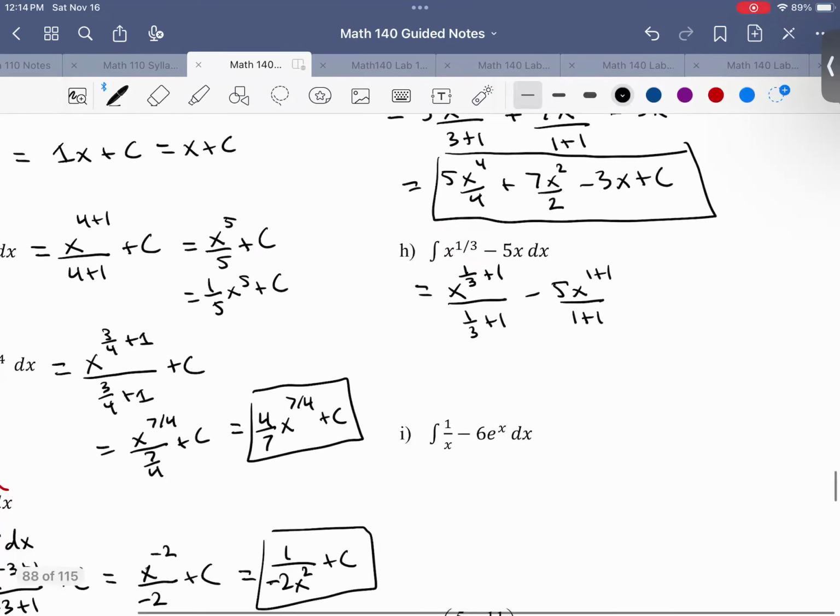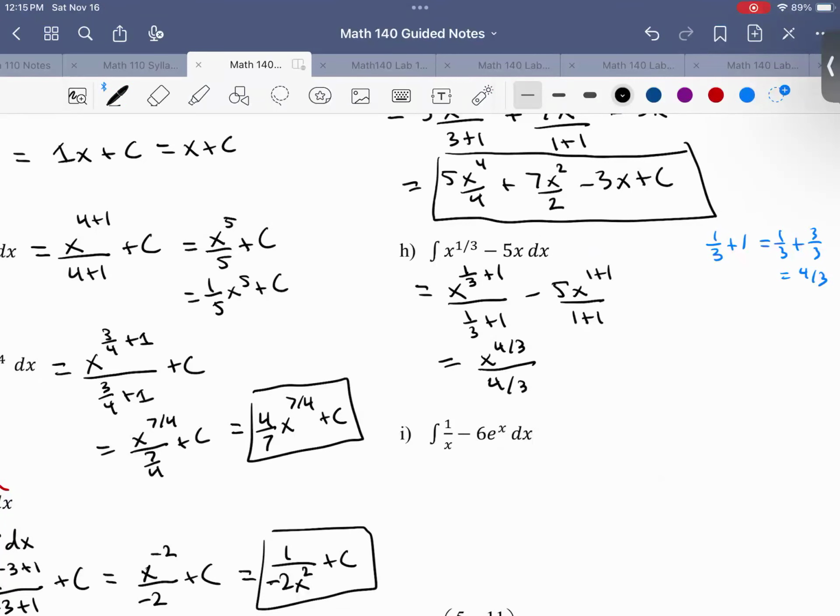And so if we simplify this, doing your fractions, 1/3 plus 1, that's just 1/3 plus 3 over 3. So that's 4/3. So this becomes x to the 4/3 over 4/3 minus 5x squared over 2. And don't forget your plus c.